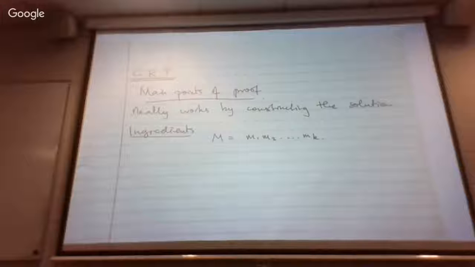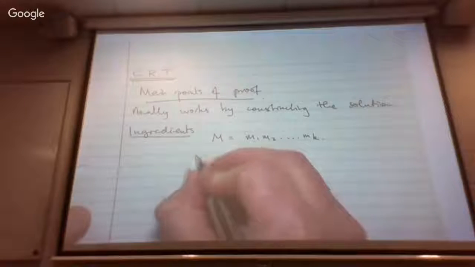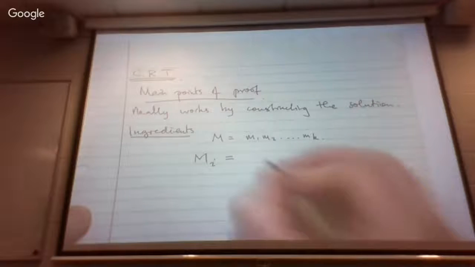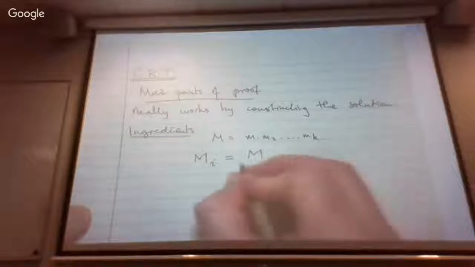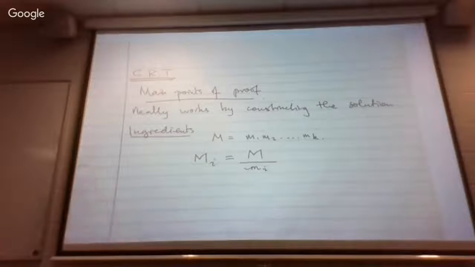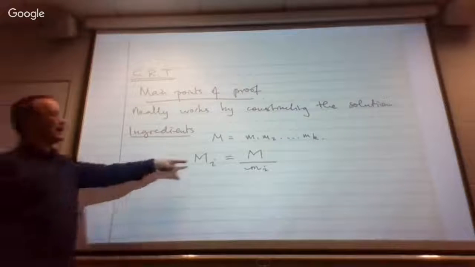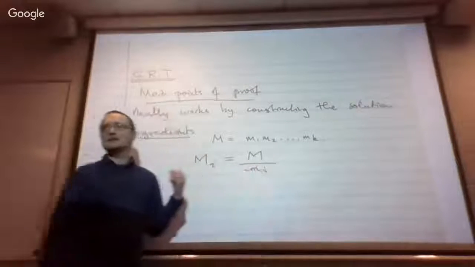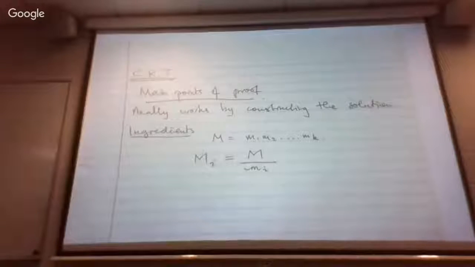Easy enough. Capital Mi, with the subscript i, is equal to that large product, but you cancel out the ith little modulus. So capital Mi is the product of all of the moduli except mi. The product of all of the other ones.